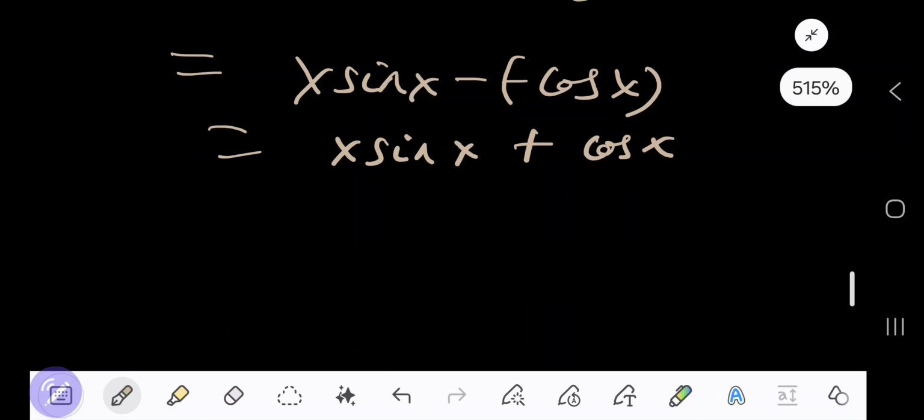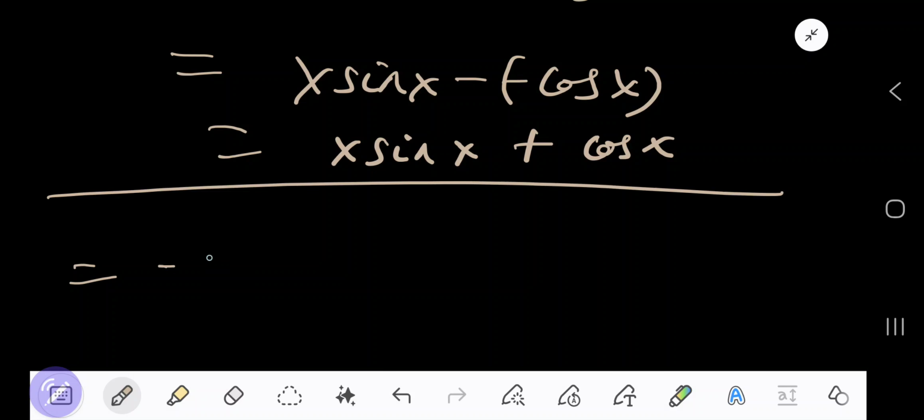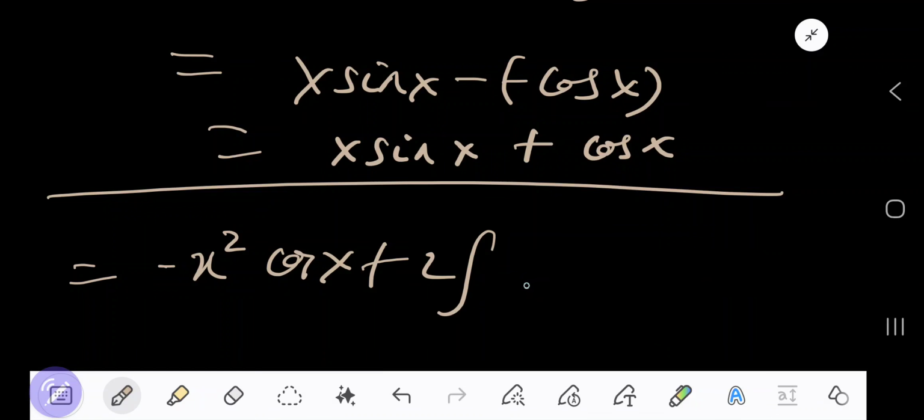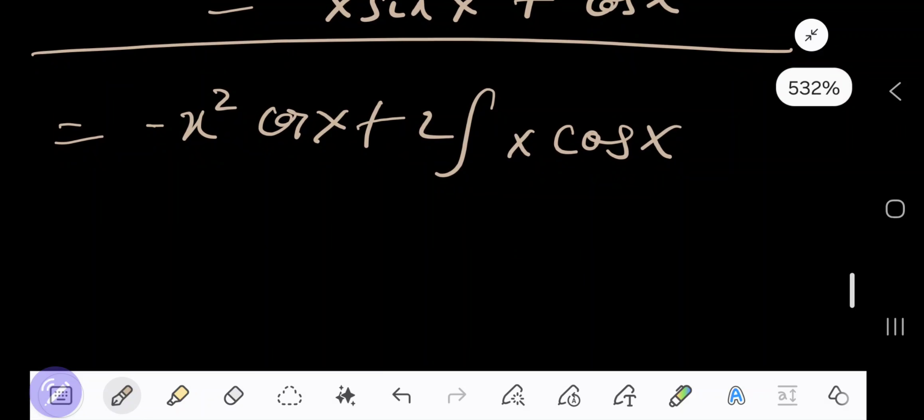So you have this. Now you plug it in the original equation. That would be equal to negative x square cosine x plus 2 times the integral of x cosine x, right? That was our original question.